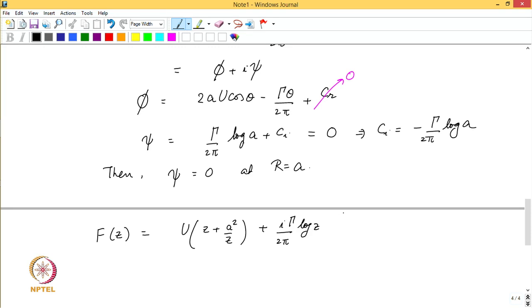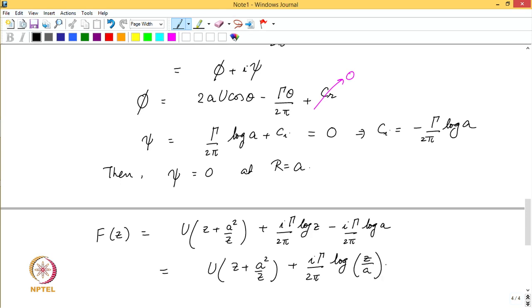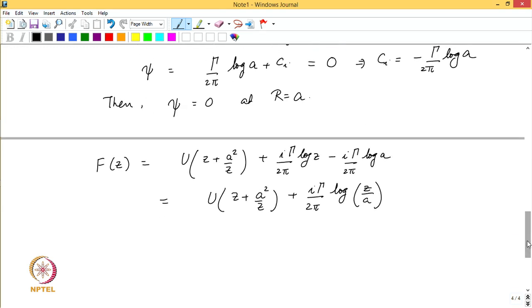Now, remember we had a plus c, c is just minus iota times C I, which is gamma by 2 pi log of a, which we can write as... All right. So, this becomes the complex potential for this problem.